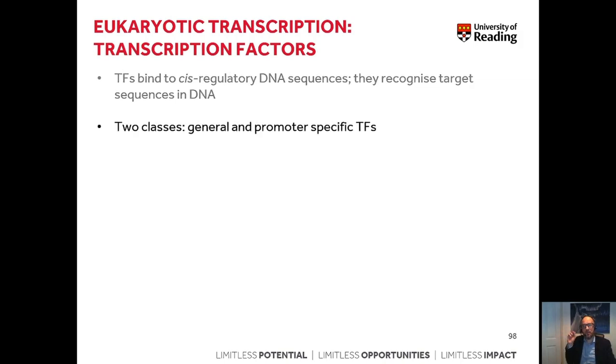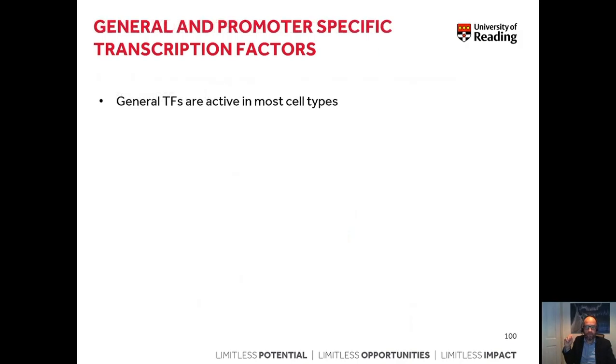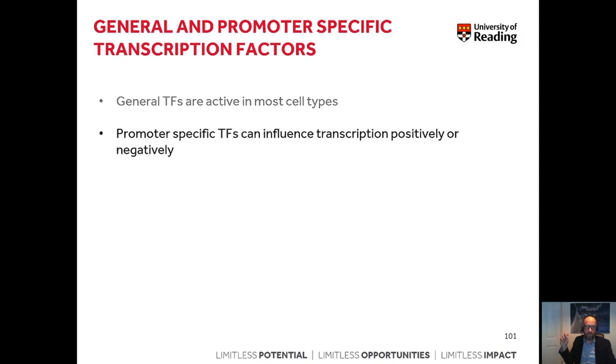And there are two classes of transcription factors. We have general and promoter-specific transcription factors. General transcription factors are active in most cell types and are required for transcription. In contrast, promoter-specific transcription factors can influence transcription positively and negatively and in a cell type specific manner.